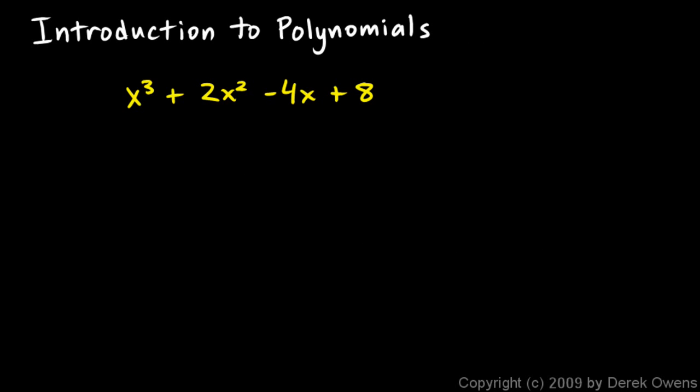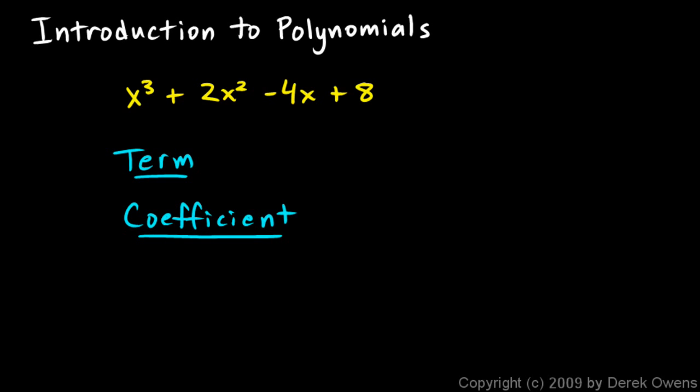Now, some other vocabulary you need to know. A term is the product of a number and one or more variables, or just a number by itself. So this is a term, x cubed, and 2x squared is a term, and negative 4x is a term, and 8 is a term. Another word you should know is the word coefficient. The coefficient is the numerical part of a term.